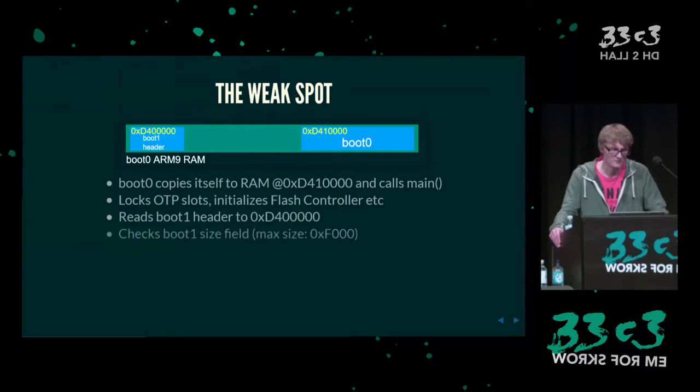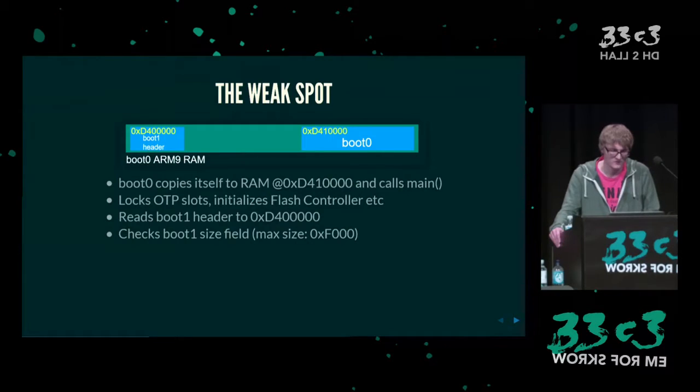Then it reads the size from the header field, and it also does some max size check on this. Please note, the header itself is not encrypted, and they also don't do any signature verification at this step.